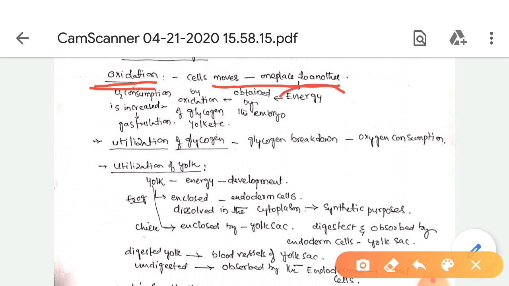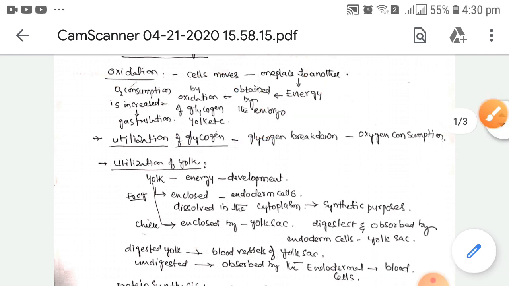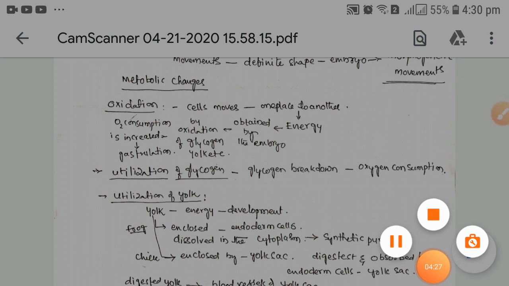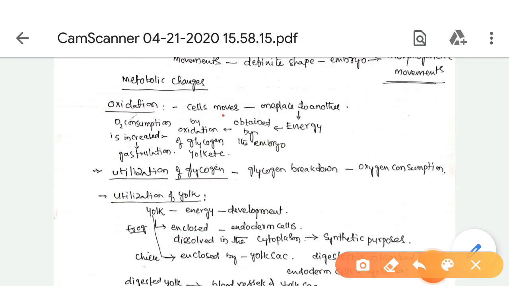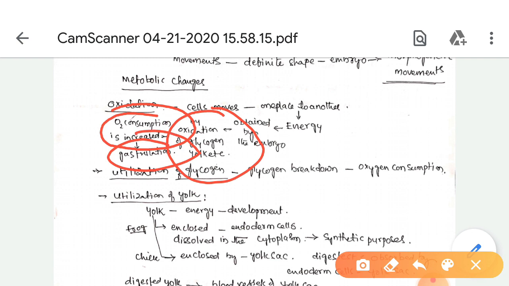This energy is obtained by the embryo through oxidation of glycogen and yolk, etc. Oxygen consumption is increased during the gastrulation process.